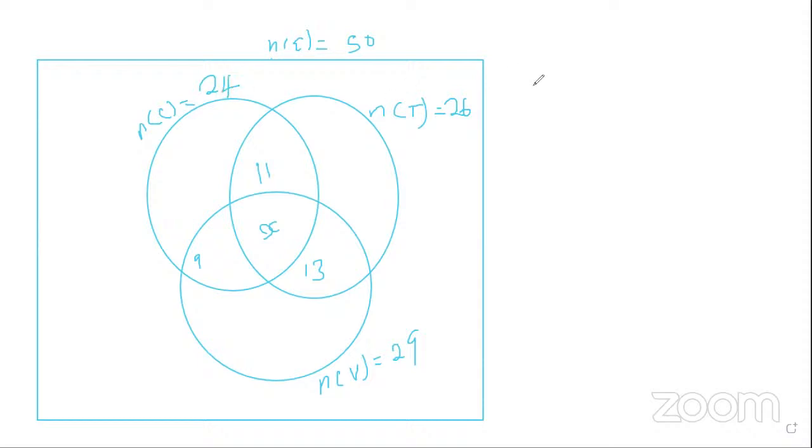So I decided to say those who play volleyball only, let them be V. Those who play tennis only, let them be T, and those who play chess only, let them be C.